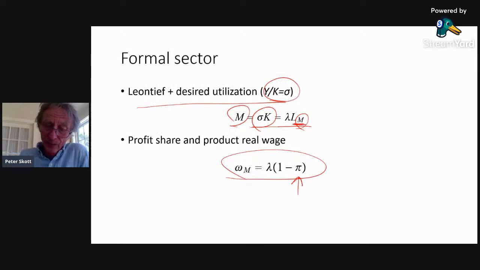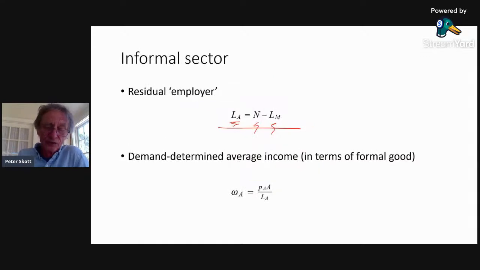And Lm, of course, is determined by K. If you have a predetermined capital stock, aggregate demand policy ensures that it's being utilized, so the capital stock determines how many workers get drawn into the modern sector, and then the rest of them would go into the informal sector.